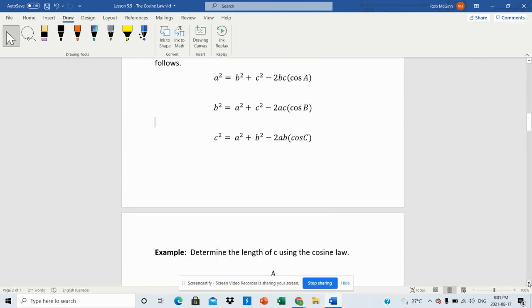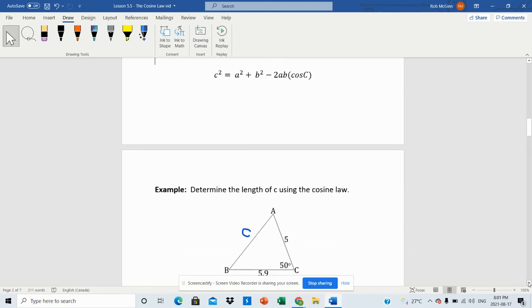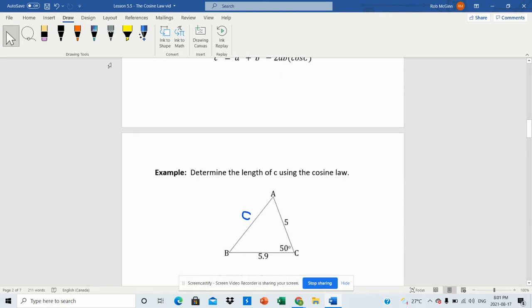So, example, determine the length of C using the cosine law. Just a little refresher here. We see angle 50 here, and then we have our two sides. And that angle of 50 degrees is contained between those two sides. So, unfortunately, we cannot use the sine law.